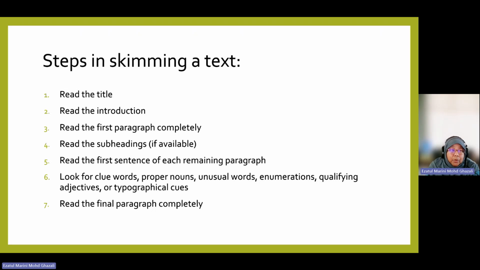So what you can do is read the introduction of the text that is in hand. Pendahuluan tu, you baca dulu. Why? Because the introduction will give you the overall information, the background information, or the overview of what to expect from the whole text. All right.